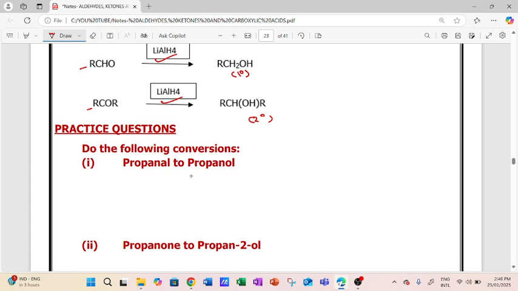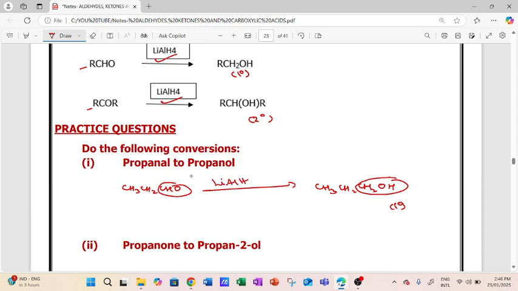Propanal is CH3CH2CHO. First let me write the product also, CH3CH2CH2OH, propanol. When you get a question like this, you have to think that CHO is changing into CH2OH. Aldehyde is changing into primary alcohol by reduction. Over the arrow mark we can write lithium aluminum hydride.